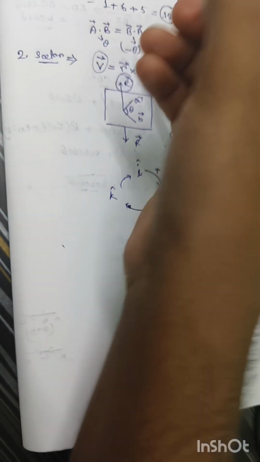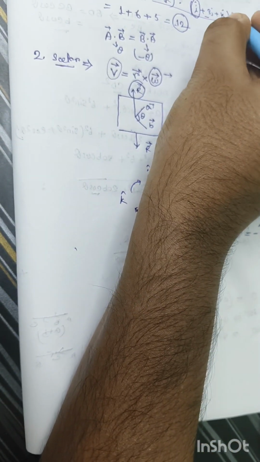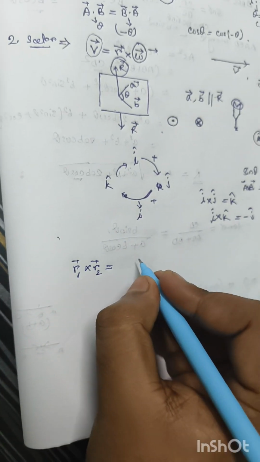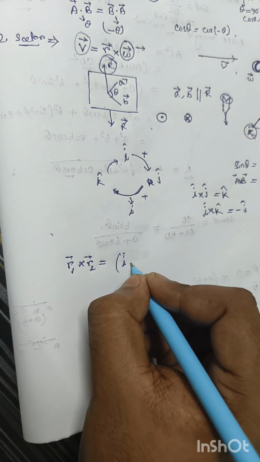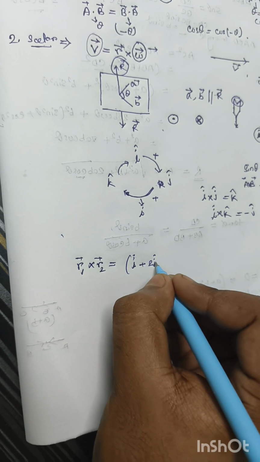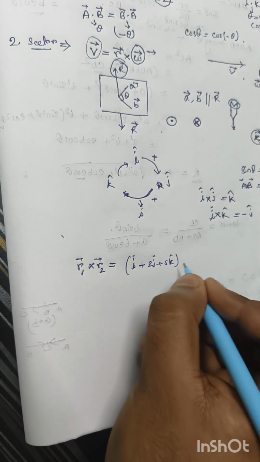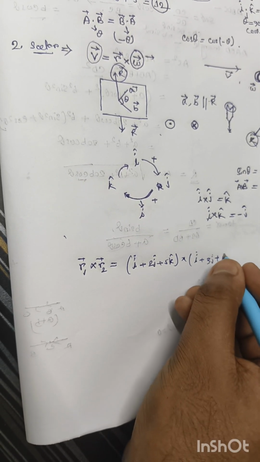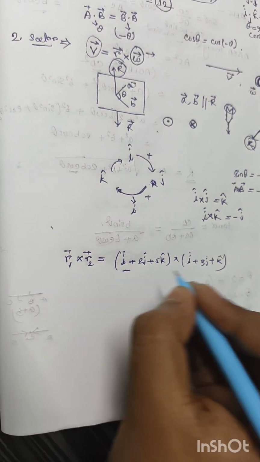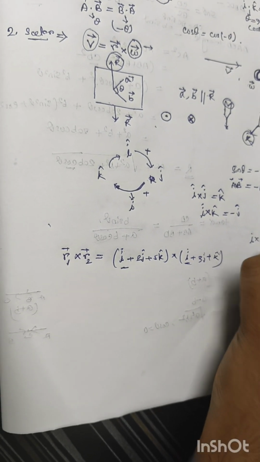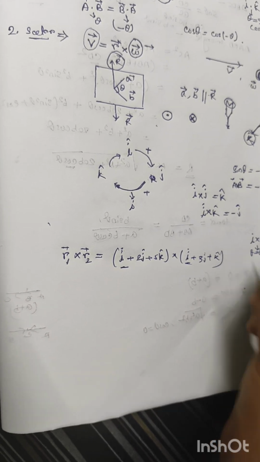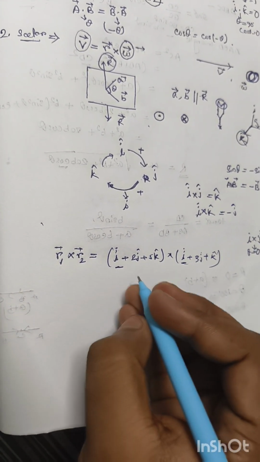So suppose we take this example. Now for i, i cross i is 0, as theta equals 0.